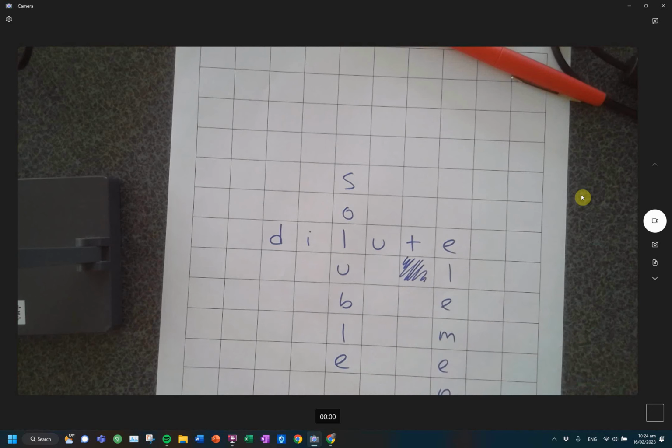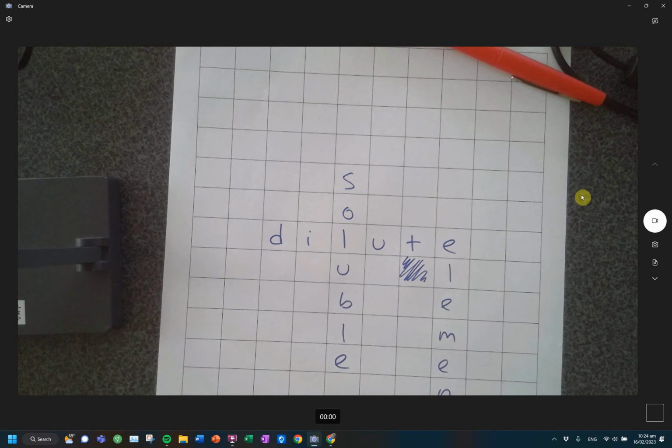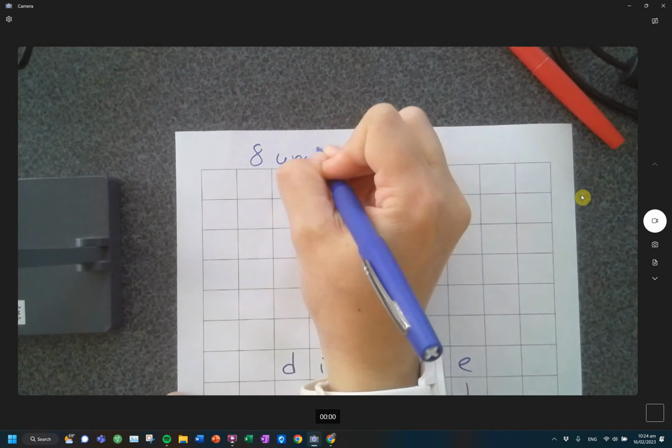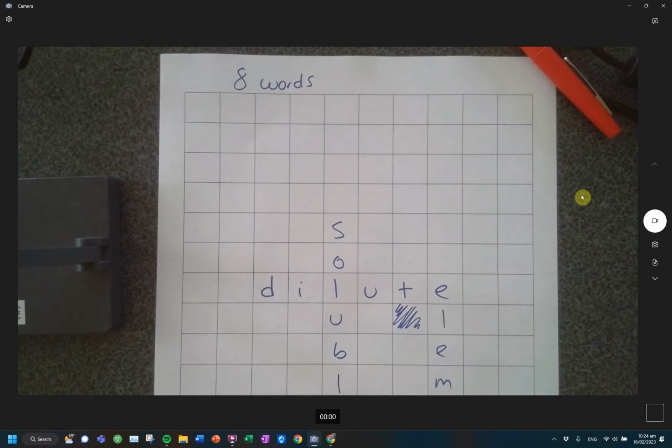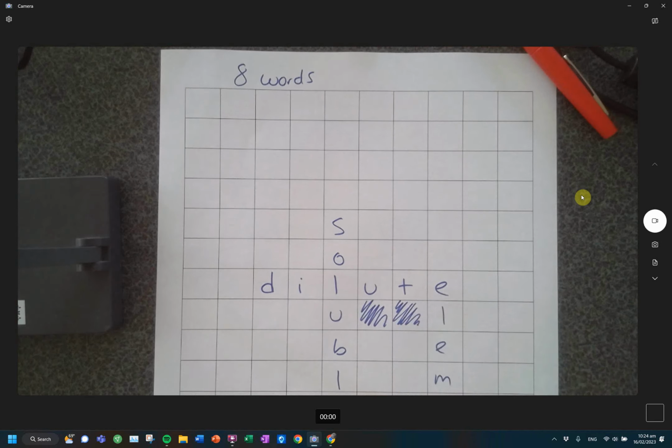Oh, we're doing crossword outward. Yeah, you're making a crossword. That's what I wanted. So get all your 8 words down. So you need 8 words. And then whatever you don't use, you color in. We good? All right. That's what I want you to do right now.